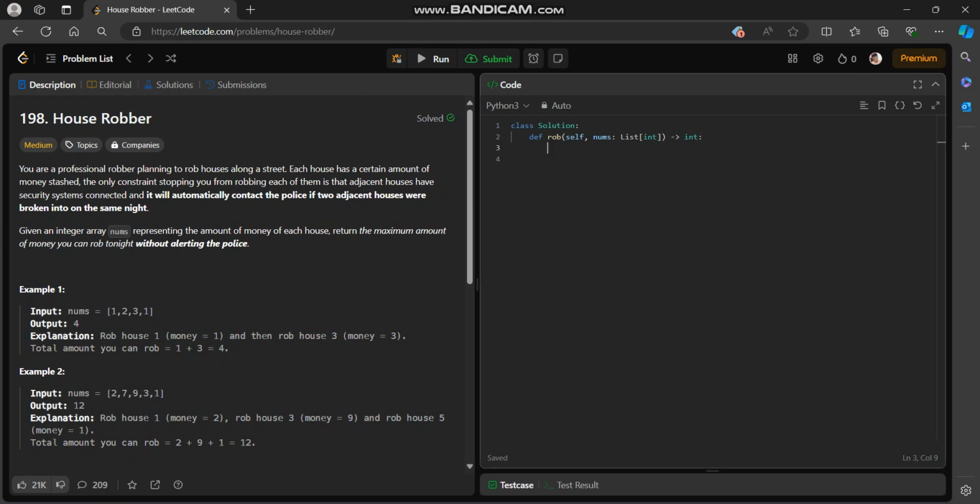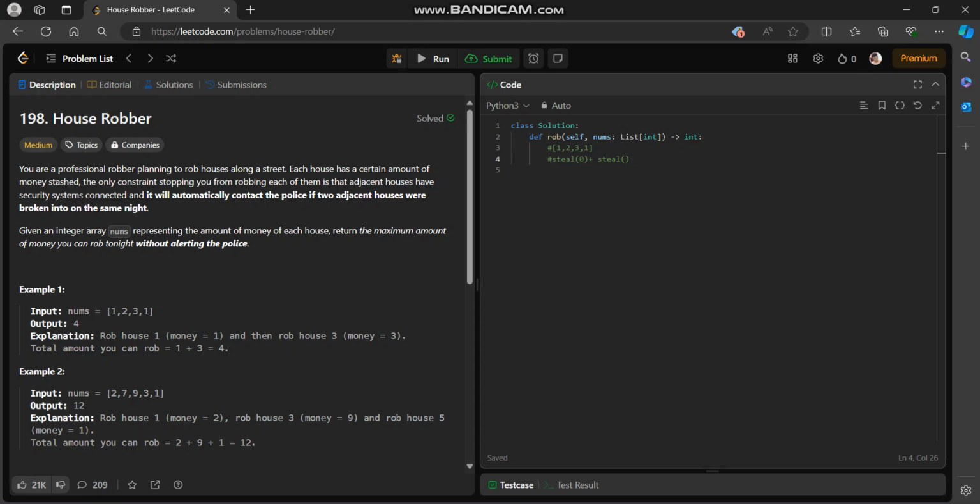So if you see, for the houses 1 comma 2 comma 3 comma 1, the main principle to solve this problem could be steal house number 1 plus steal of the rest.